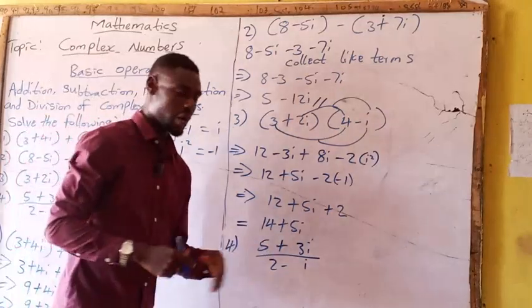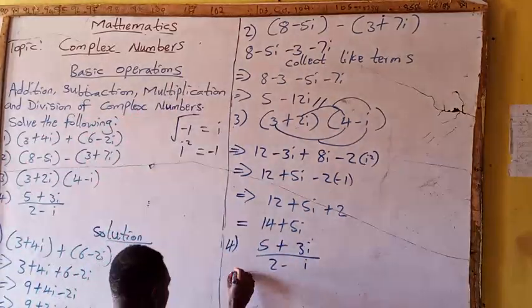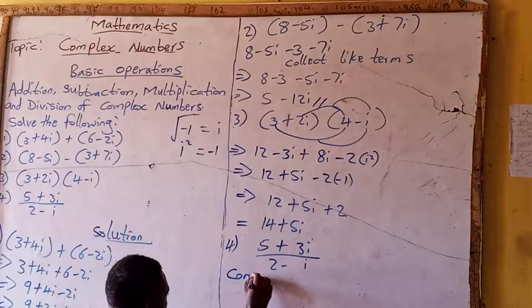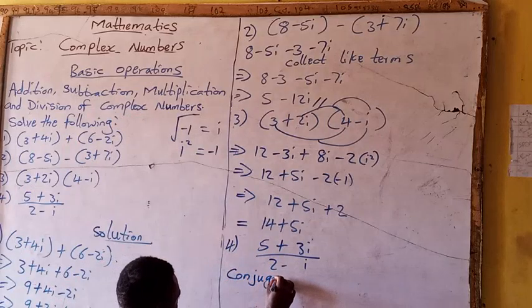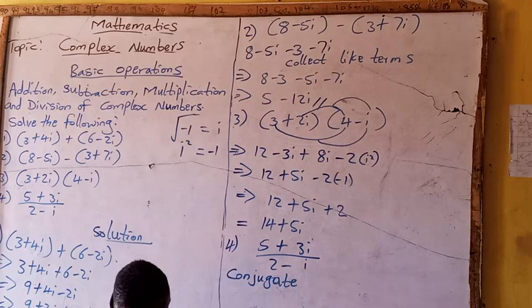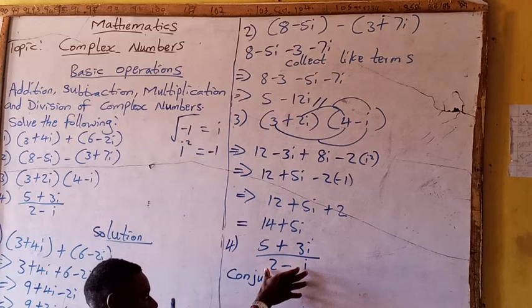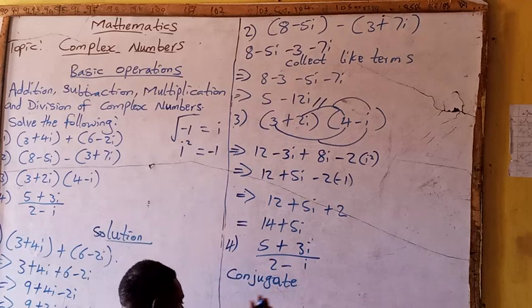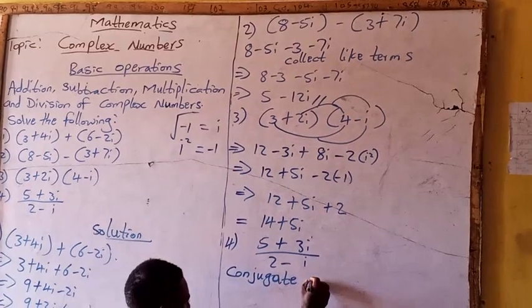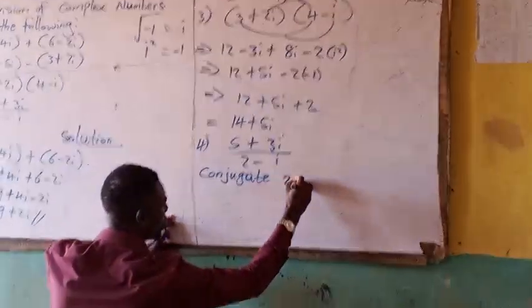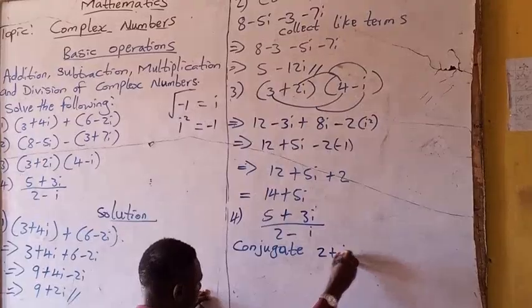You are going to use the conjugate. You are focusing on your denominator. Anything you call a conjugate is changing the sign there. That is, your conjugate will be 2 + i.